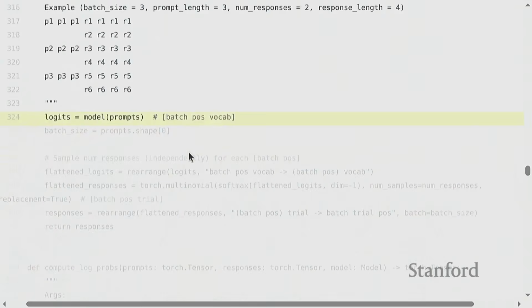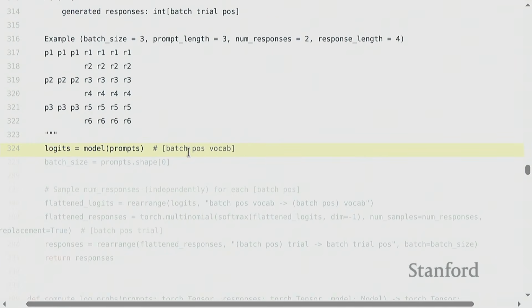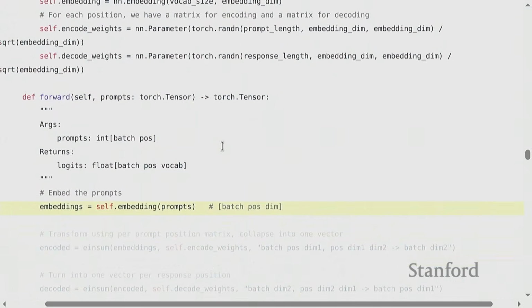Okay, so first I'm going to pass the prompts through the model to get logits, which is going to give me, for each prompt and each position, a distribution over tokens. What this looks like is I'm going to embed the prompts into this dimensionality.